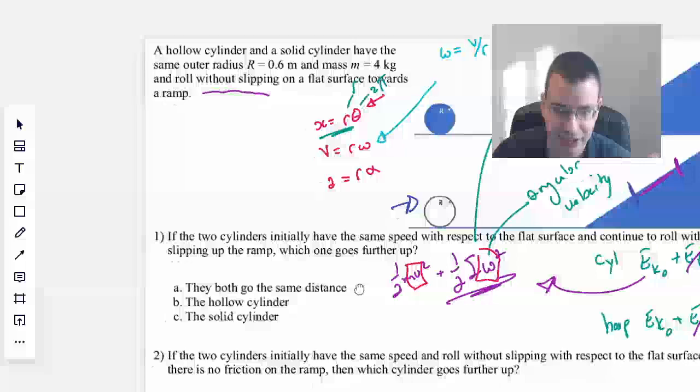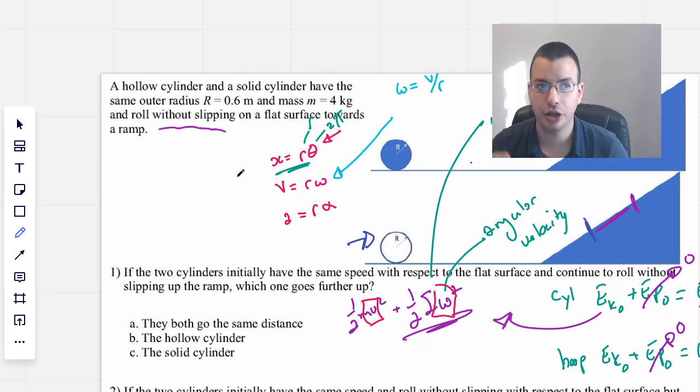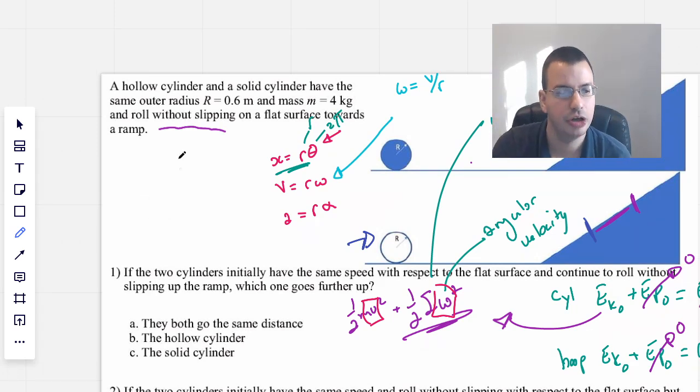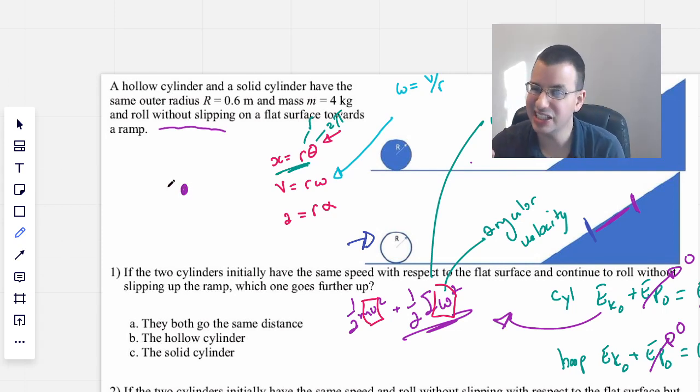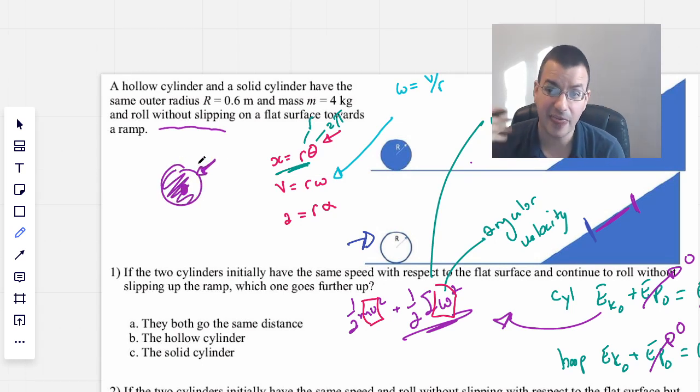And this makes sense. It's harder to spin something that's big than something that's small. If you have something really tiny and compact like this, it's easy to spin a dot. But if you have something much bigger like this, with all this mass on the outside, that's going to make it harder to spin.